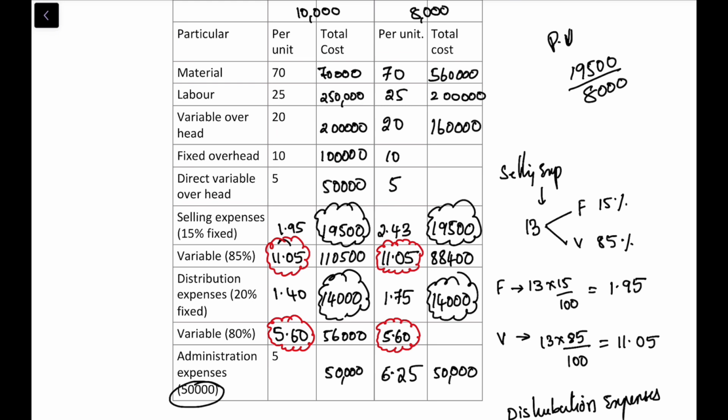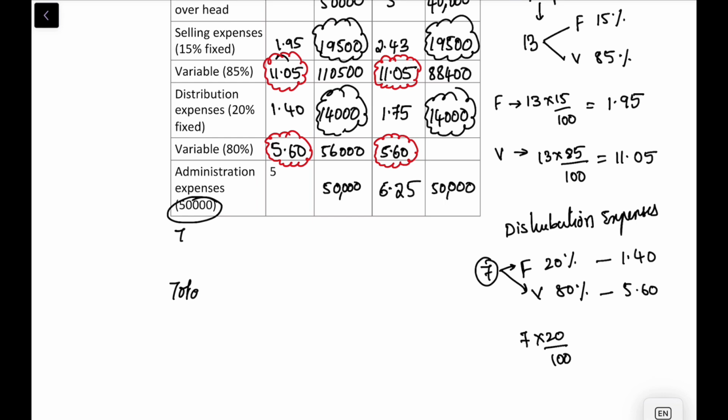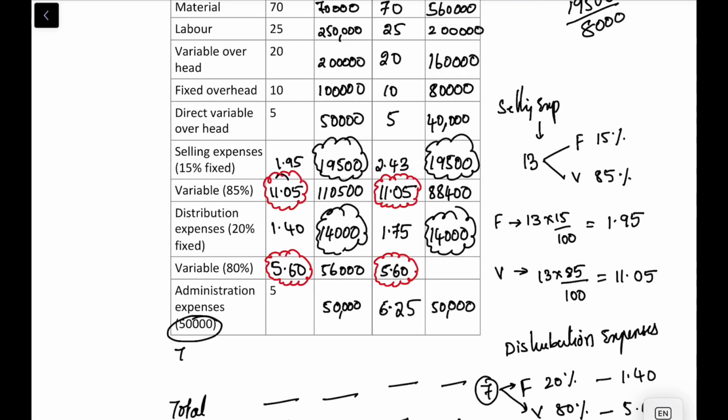Okay, now multiply 70,000 into 8,000, 5,60,000, 25 into 8,000 units, 2 lakh. Okay, multiply all the terms, then do like sum of all the columns per unit and total cost.